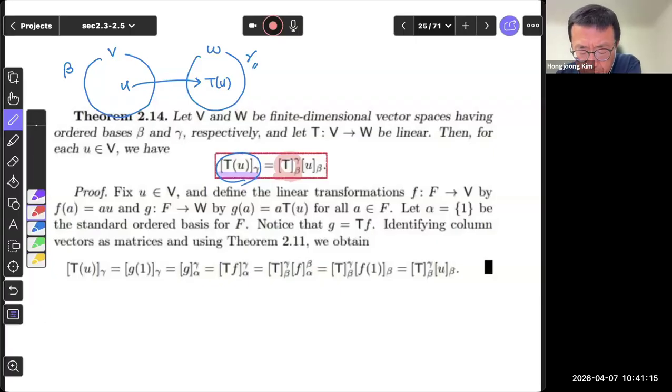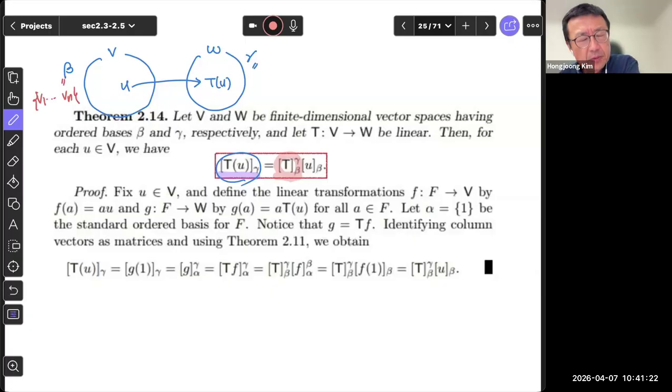So for example, if beta consists of, say, V1 up to Vn, then T with this bracket is a matrix. The first column considers the coefficients which are required to express T of V1, where V1 is the first vector in beta.